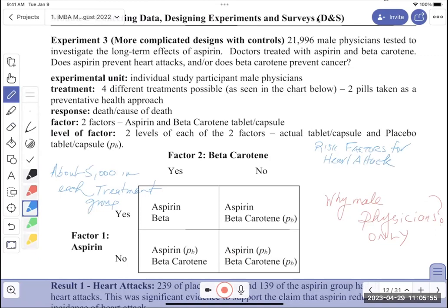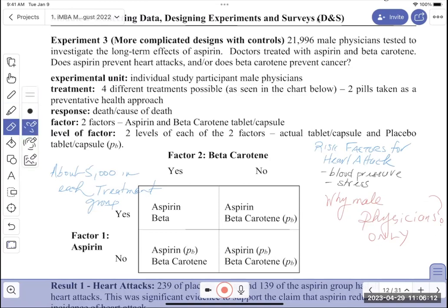So now you start thinking. High blood pressure, yeah, stress. Yeah, stress. Right. Yeah. You guys are all making good points here.